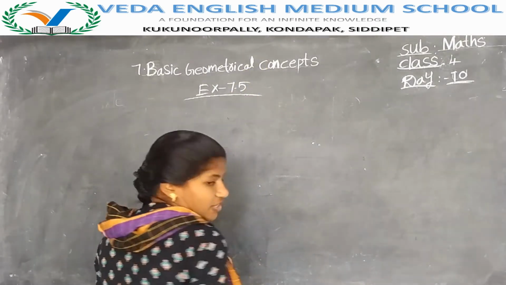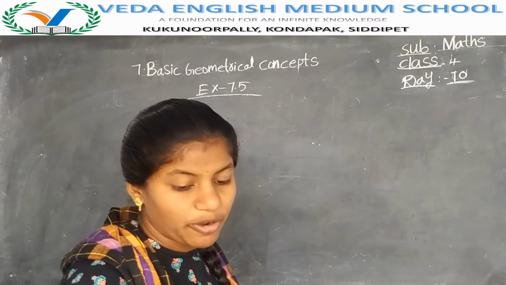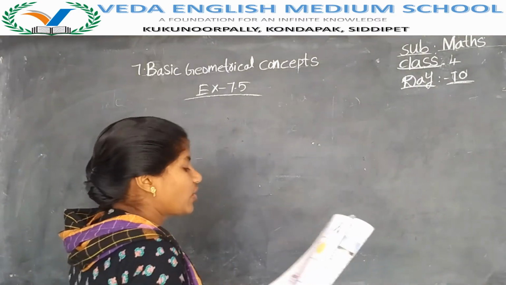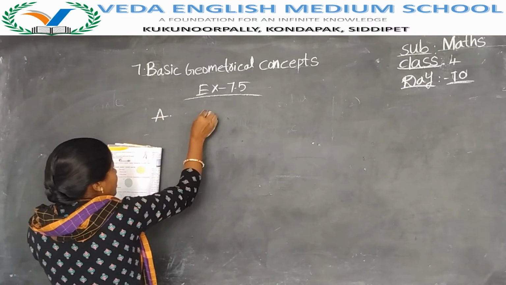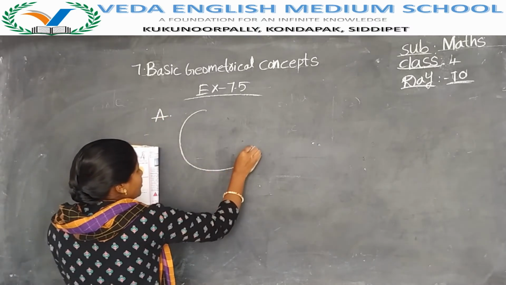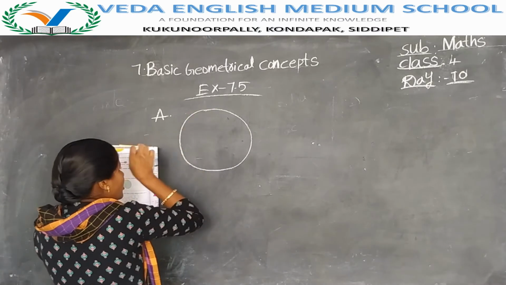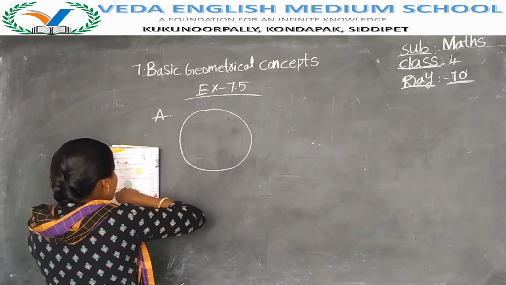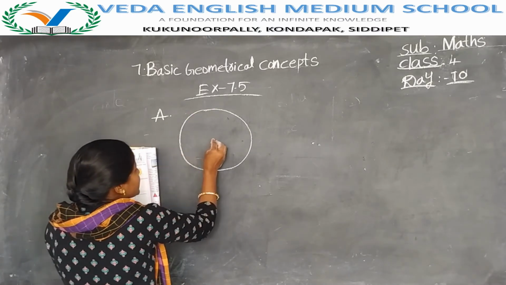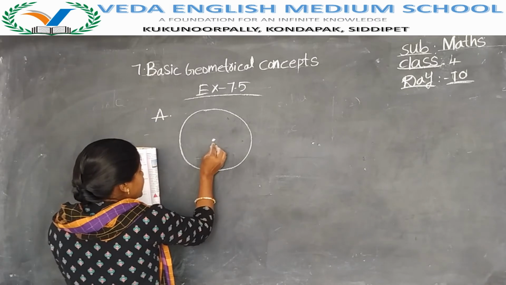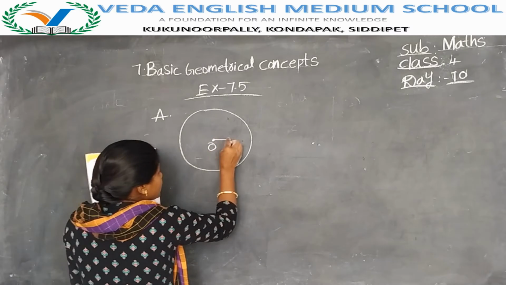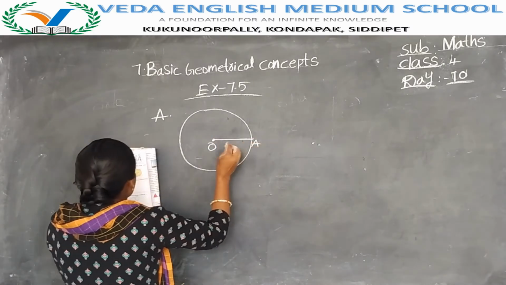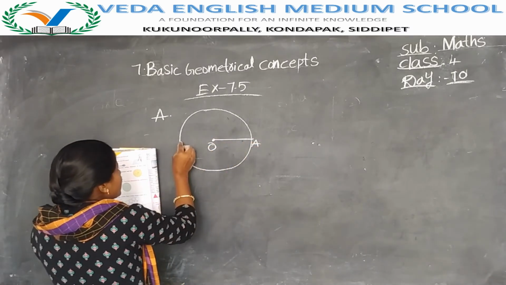First bit, they are asking to label the parts of a circle. Draw a circle. You have to draw one circle by using a bangle. Then, using that circle, say O is the center of the circle. OA is the radius.